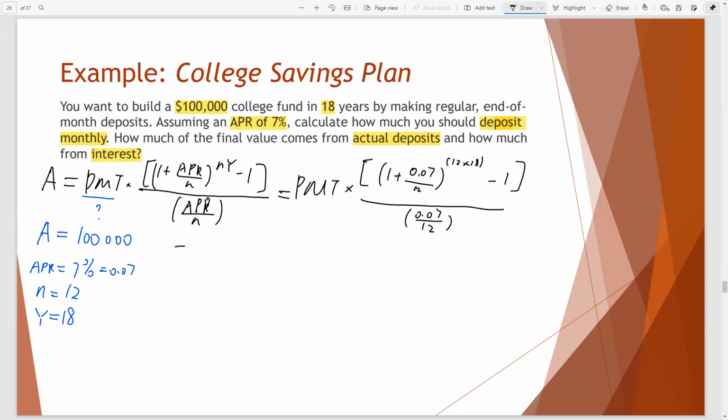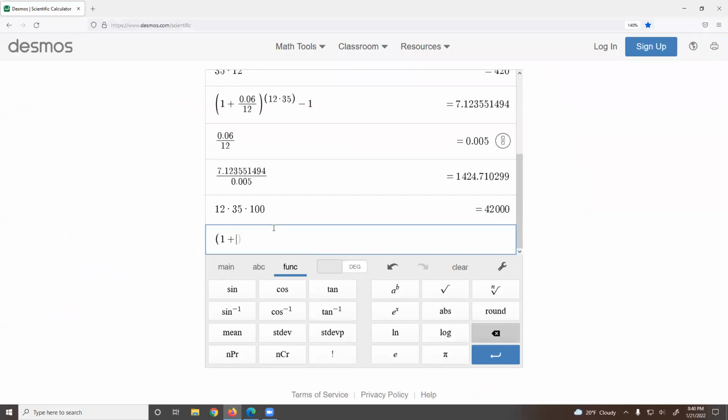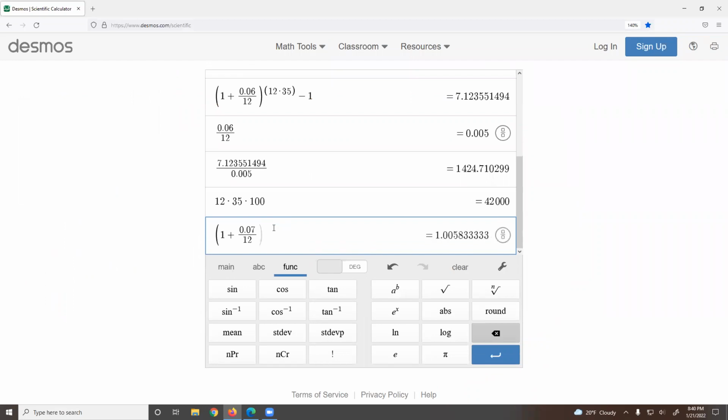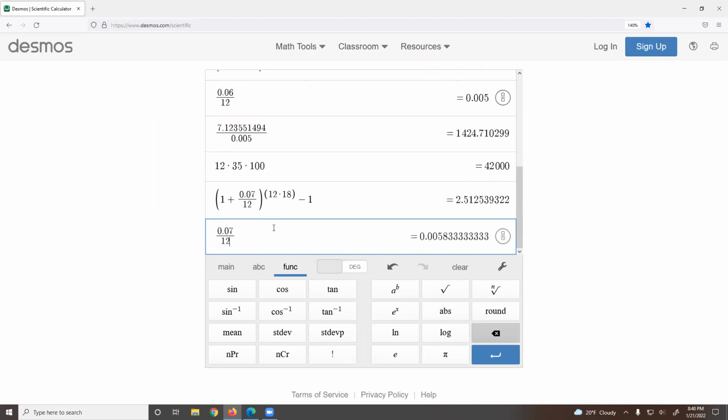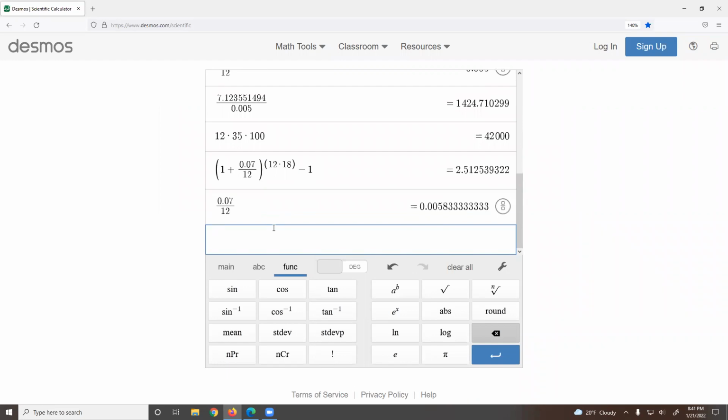Okay. So that is payment multiplied by what? We have a ratio here: 1 plus 0.07 divided by 12, raised to the power of 12 payments times 18 years, minus 1. And the bottom is 0.07 divided by 12. So we get the top is 2.51.